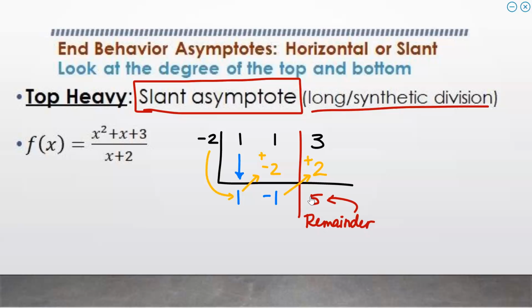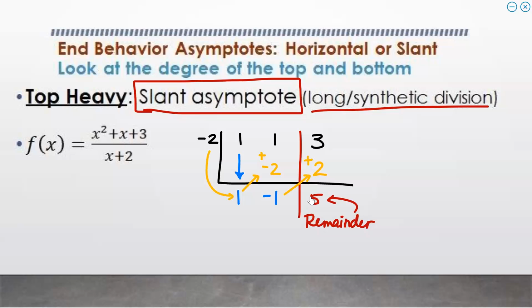Is this going to have an oblique, a slant asymptote, or will it have a horizontal asymptote? Horizontal. How do I find where my horizontal asymptote is? This will be the ratio of my leading coefficients. So it will be 1, yes.